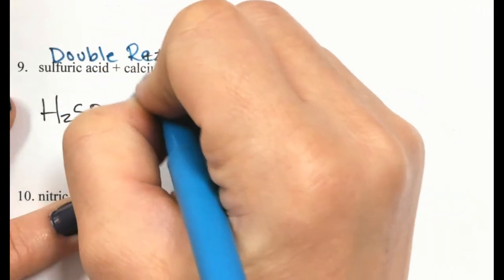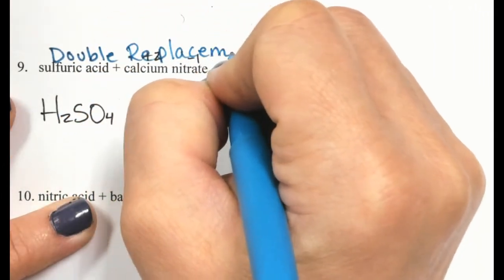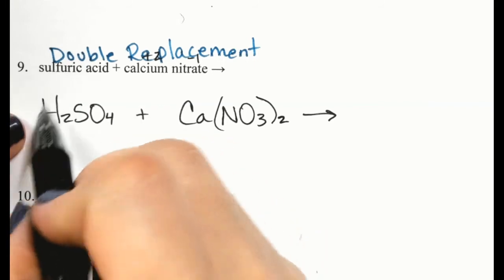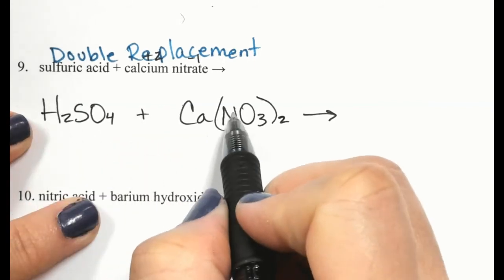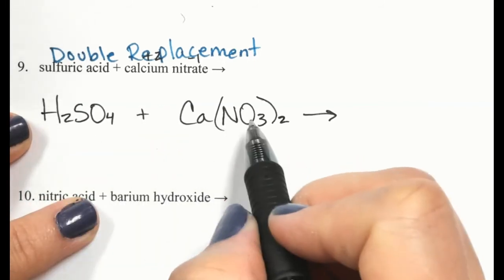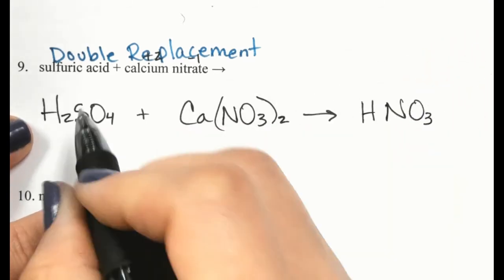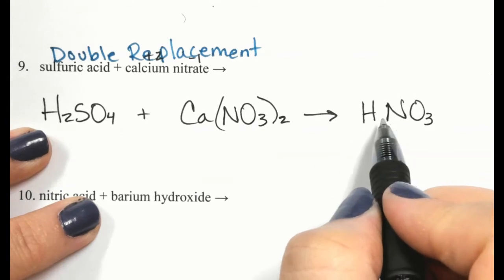And so afterwards, we're going to see, did we have a precipitate form? So when you do a double replacement reaction, we're going to react first and last. So it's the hydrogen and the nitrate get together. And I am not carrying this 2 over to that side.